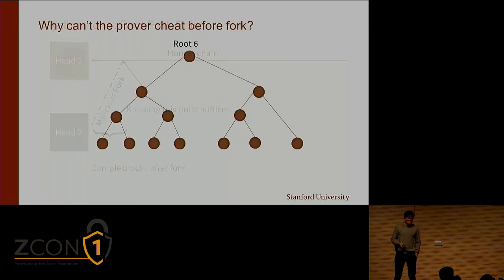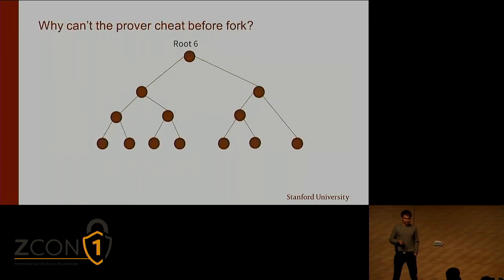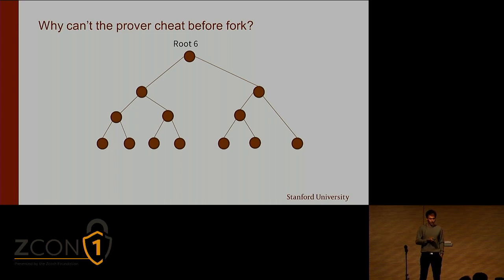Well, let's just recap. Why can the adversary not cheat before the fork point, right? Why can't he take some valid blocks of the honest chain and insert them into his fork? Or why can't he take the honest fork and just change one of the blocks?